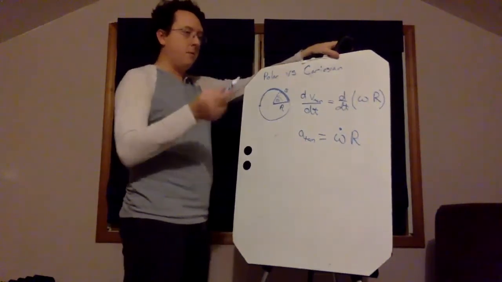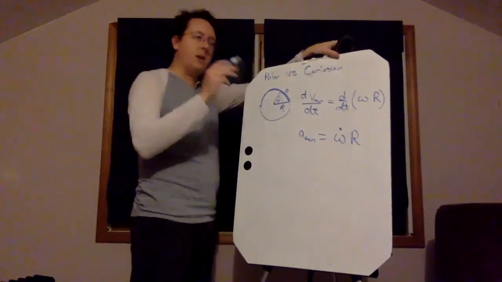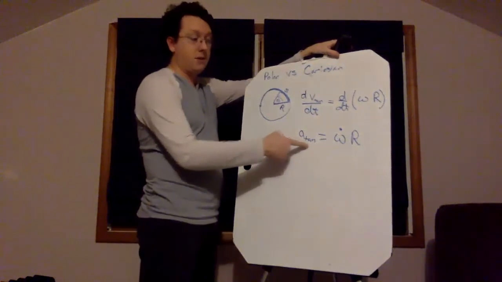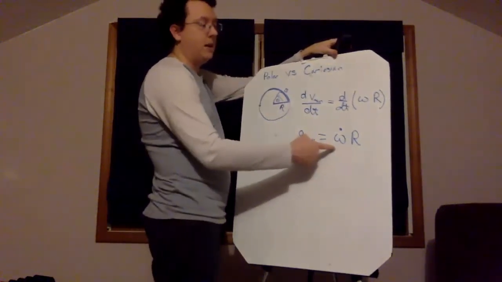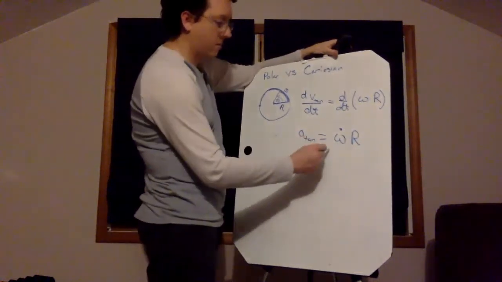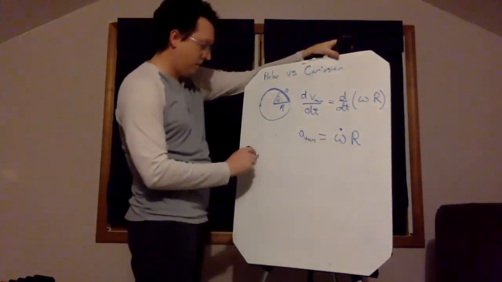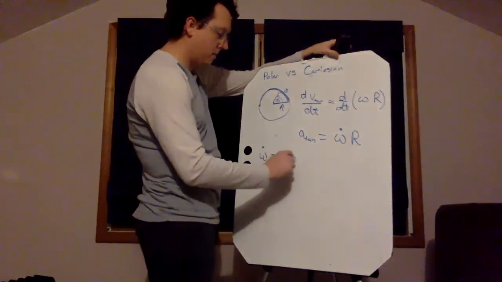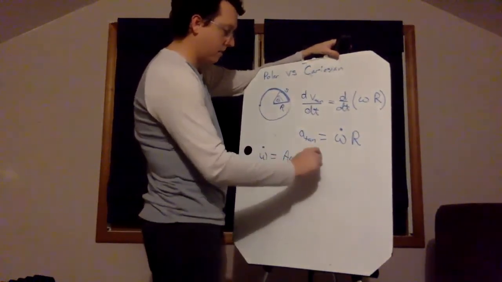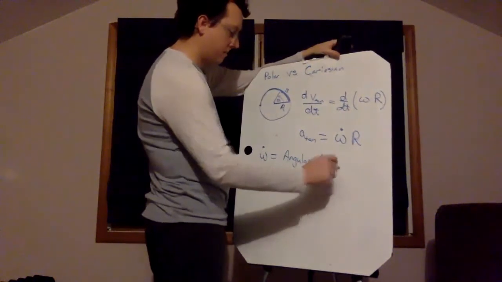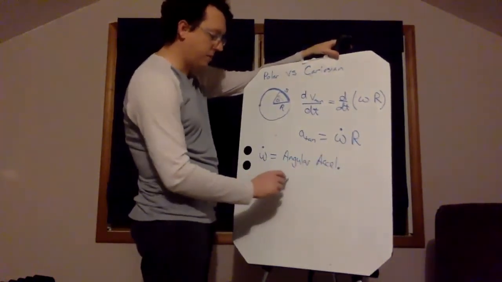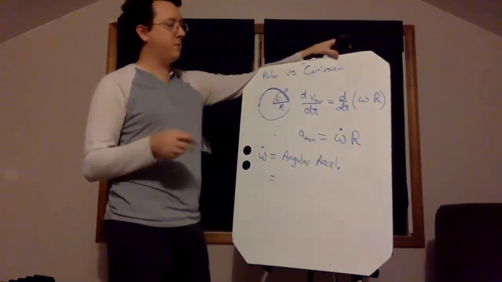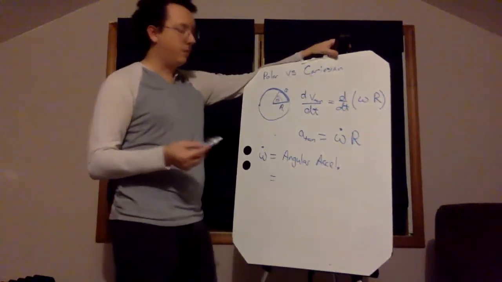Keeping with the analogies, when instead of positions we had angles, and instead of velocities we had angular velocity, this is an acceleration. We're going to call this the angular acceleration. So we're going to define omega dot to equal angular acceleration. We're going to give it its own symbol. You might notice that with linear things we tend to use Latin characters, and for rotational things we tend to use Greek characters.